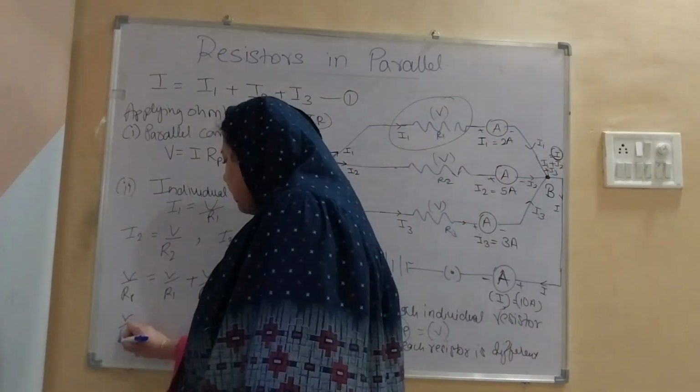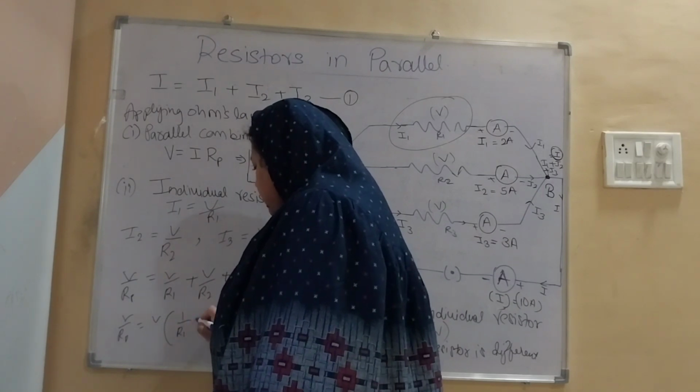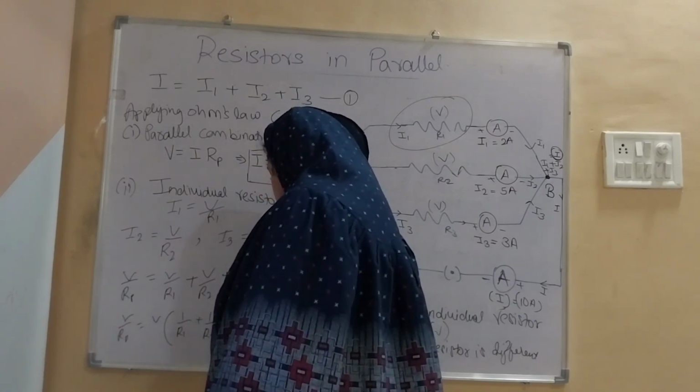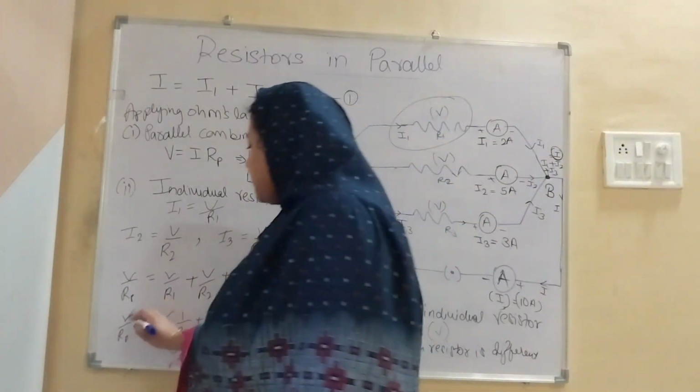Now V upon Rp is equal to V common 1 upon R1 plus 1 upon R2 plus 1 upon R3. Okay. V से V gets cancelled.